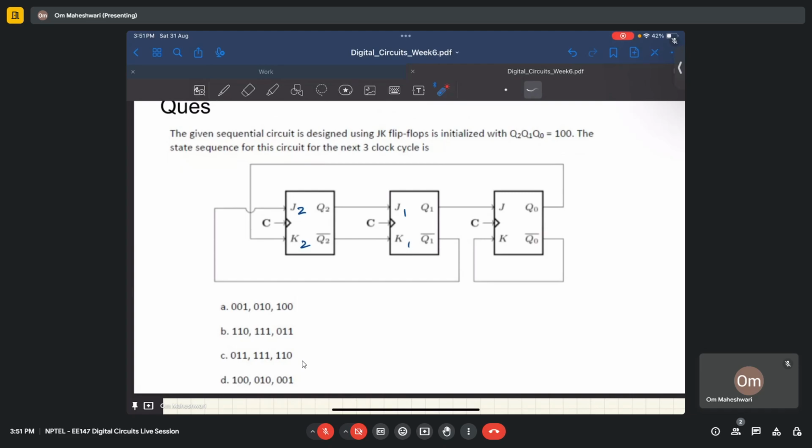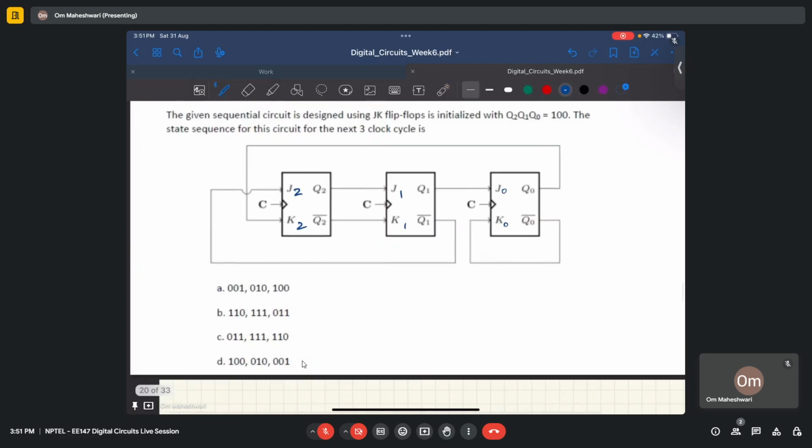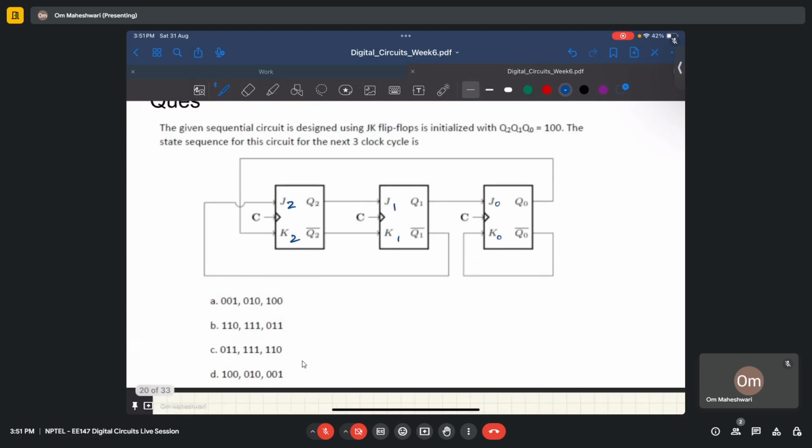So this is J2, the second JK flip-flop, first JK flip-flop, zeroth JK flip-flop. So if you see Q2, Q1, Q0, this is MSB, LSB. Okay, so let's first write the connections.